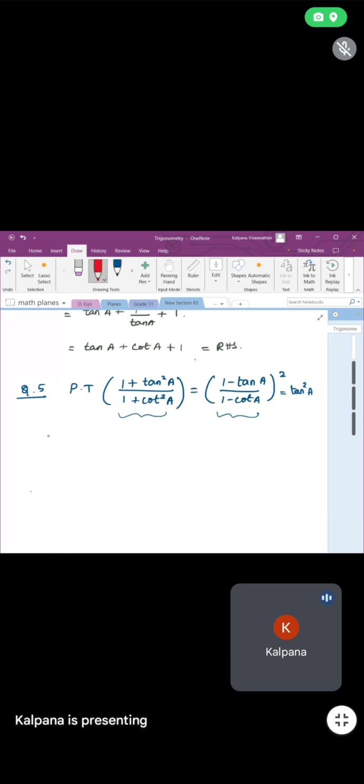Okay, first let us start by taking the LHS as 1 plus tan square A by 1 plus cot square A. Now your RHS is tan square A. How can we write this?